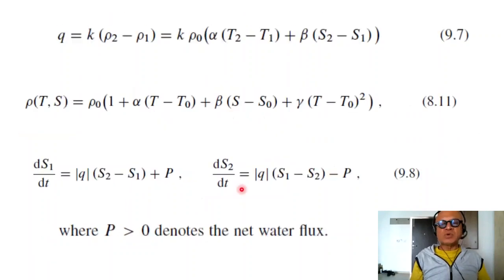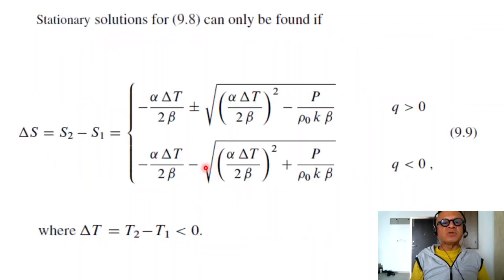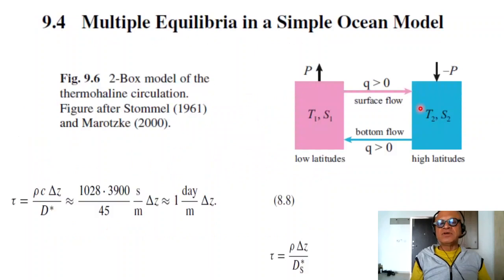So stationary solution for this is only possible if delta S equal to S2 minus S1 is this expression when Q is greater than 0. So when water is flowing from the warm box to the cold box, so you can evaporate here and precipitate here, for example.